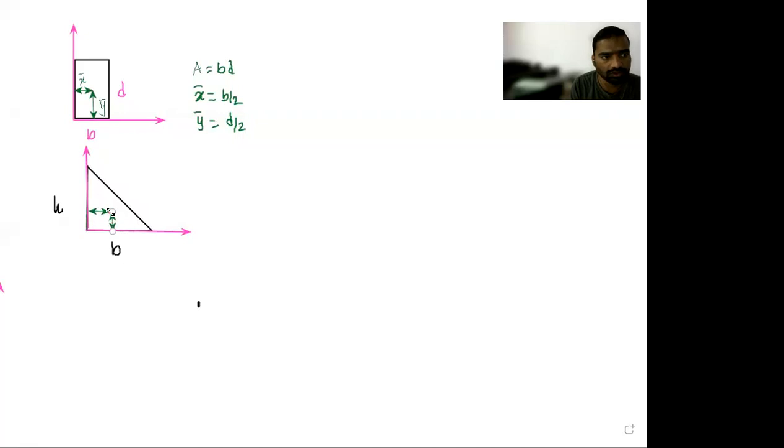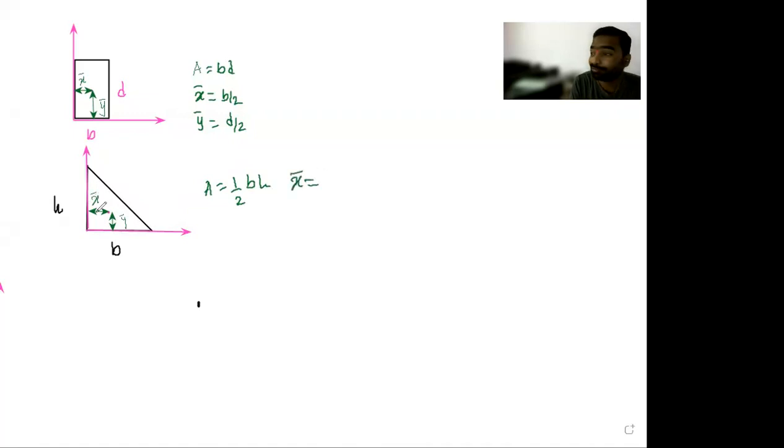First of all, tell me the value of the area of the triangle. Area is equal to 1/2 B into H. Correct? Next, I have to calculate x bar. What is its x bar from the reference axis?